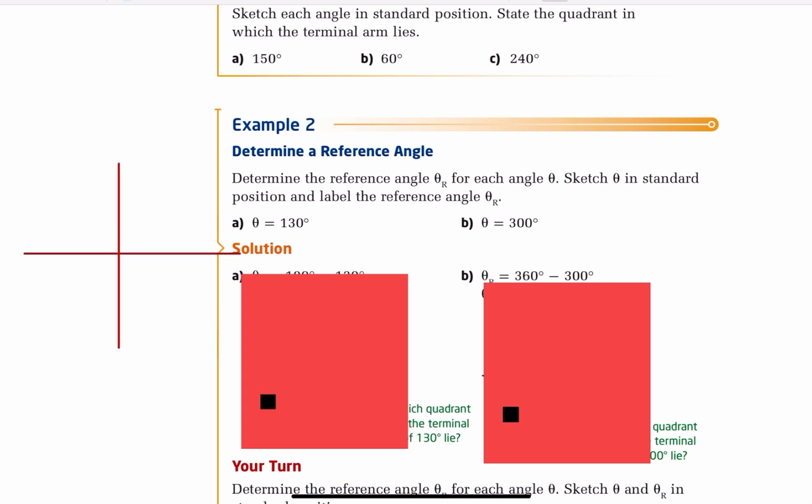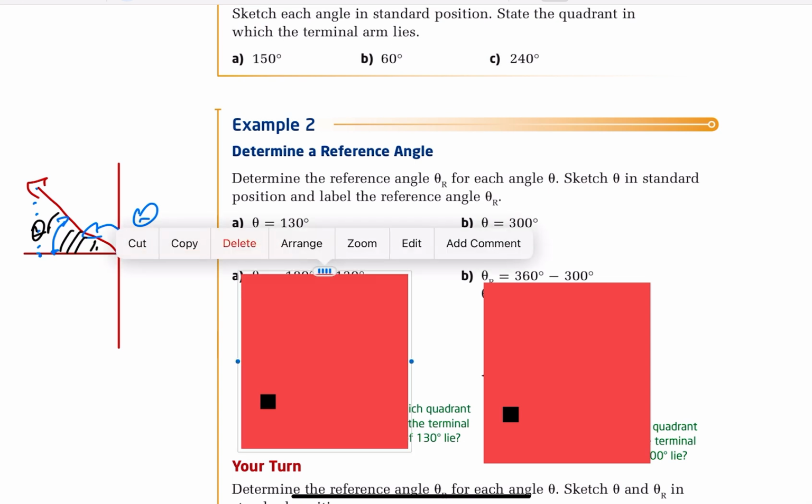This is 90, so my 130 will be here. So my reference angle will be the projection of this over the x-axis, and I will go from the x-axis and draw my theta r. So this is my theta r.